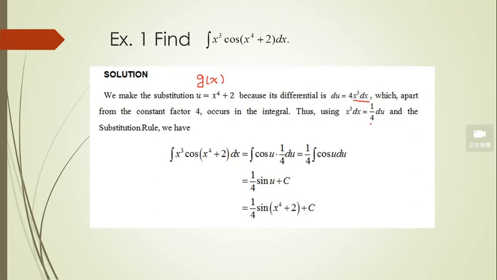So that will be 1 over 4 du. Then apply the substitution rule: this part is cosine u, and this x cubed dx is 1 over 4 du. Move the 1 over 4 outside, and they just combine the constant directly. So it's pretty easy.